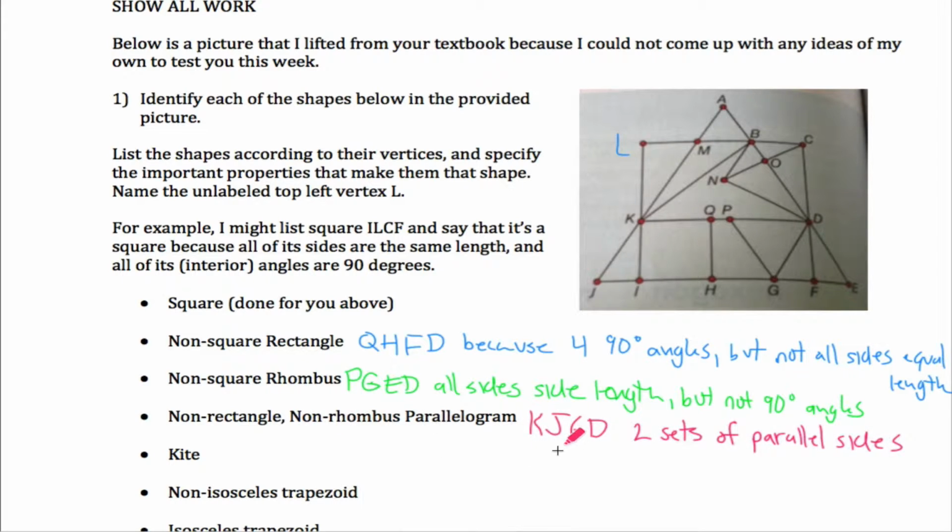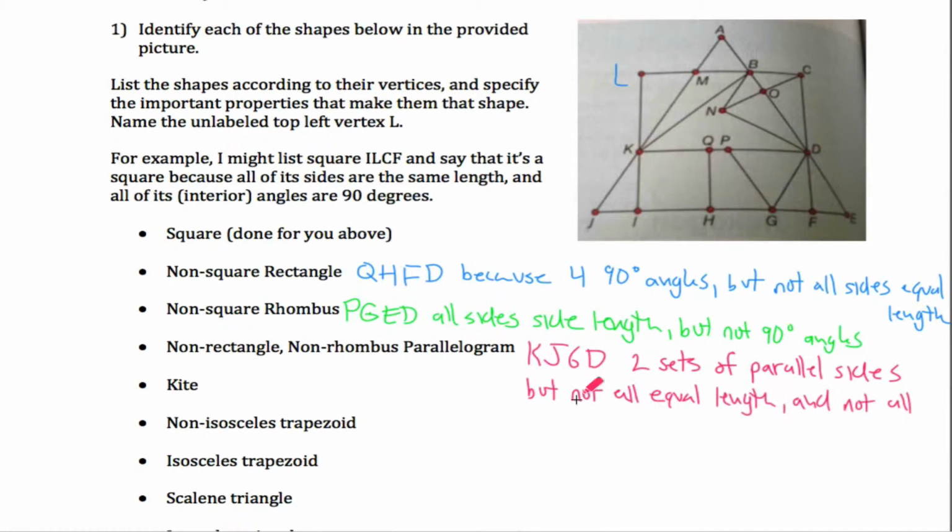But it is not a rhombus because not all of its sides are equal length. And not all angles. It's a weird way of saying that. Not all angles measure 90 degrees. Something to that effect. Okay, cool.